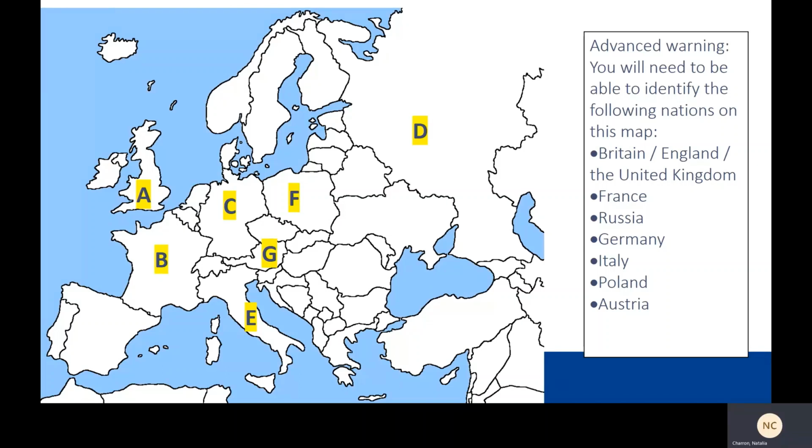But as we go through this chapter, it would be a really good idea for you to keep an eye on the map, noting that A is Britain, B is France, C is Germany, D is Russia, E is Italy, F is Poland, and G is Austria, and note details that stand out to you about the situation of each of these places in this age of imperialism. And again, this is going to be really important for the next unit, so the more you pay attention here, the better off you'll be.